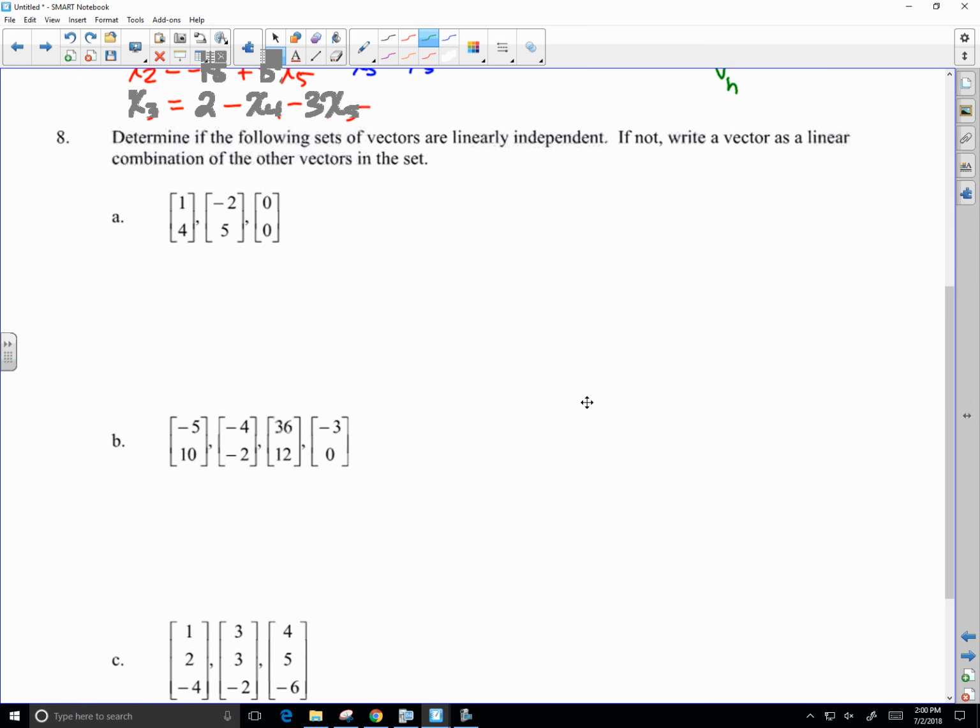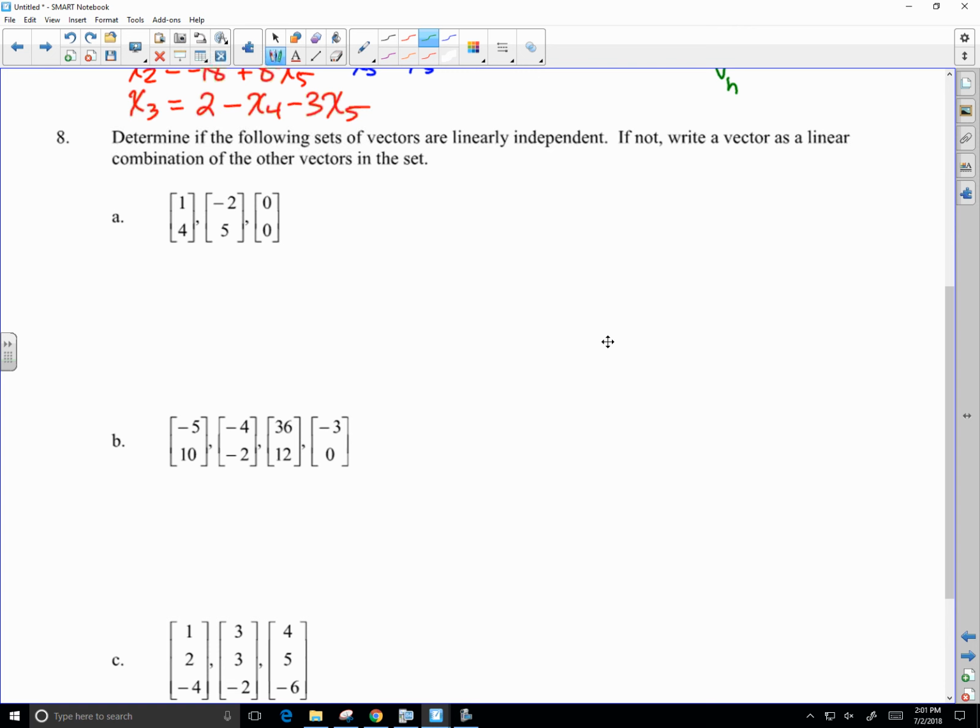Linearly independent. We talked about that earlier. That should be gimmies. Again, you're just looking for whether or not they have a trivial solution. So put this in your calculator. Solve. You have to have a 0 column, because you're setting it up as a homogeneous system.